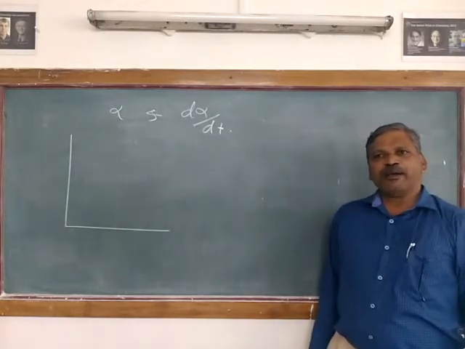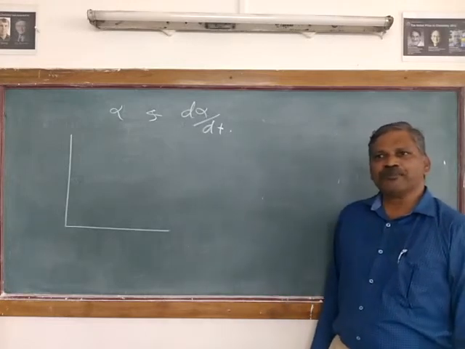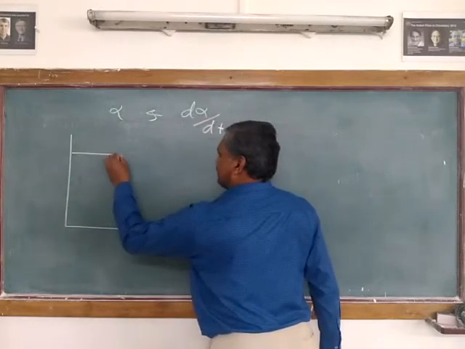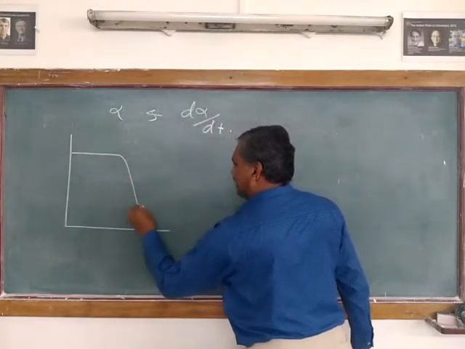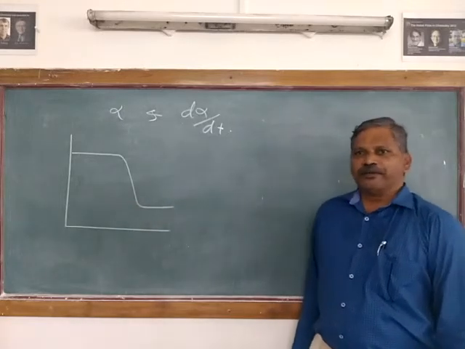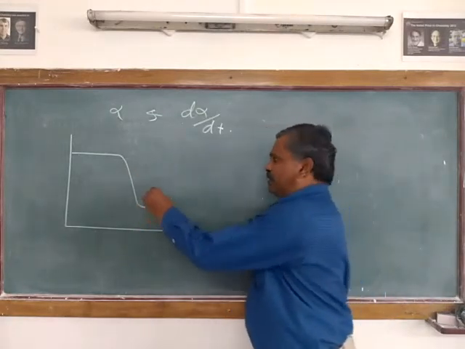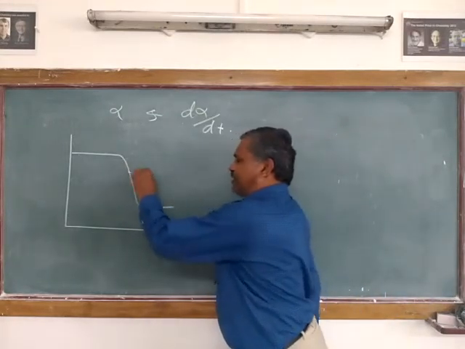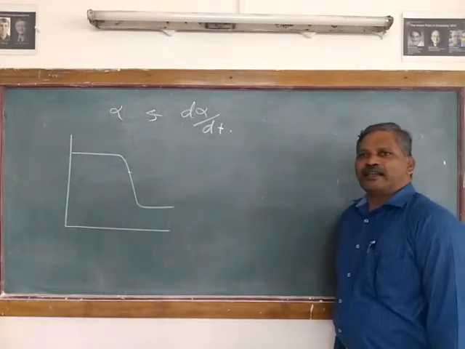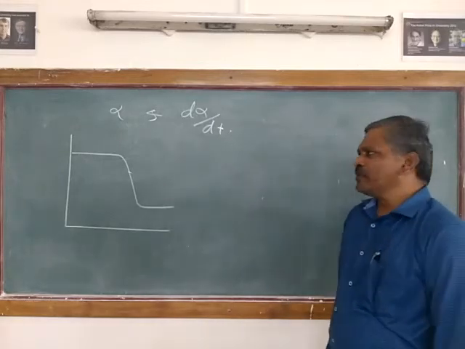The thermogravimetric curve shows single stage decomposition, and that can be shown like this. The decomposition starts and again it goes to completion. Here at this point, the rate, that is d alpha by dt, can be determined.